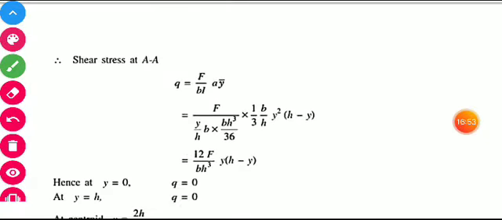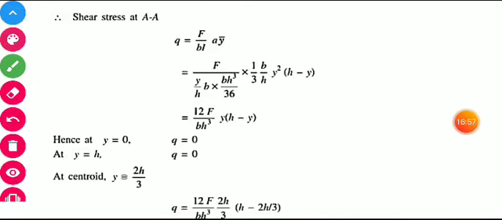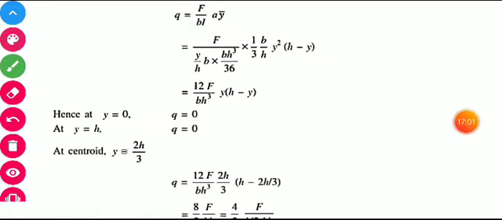Then you put all these values here. On shortening this expression you got this value. When you put y equal to 0, all the terms become 0. Y equal to h, all terms become 0.